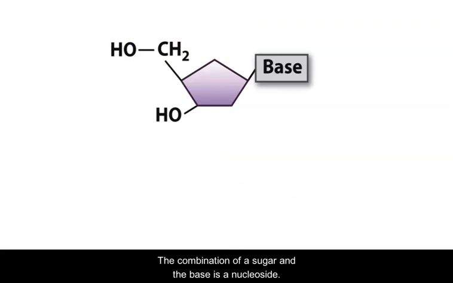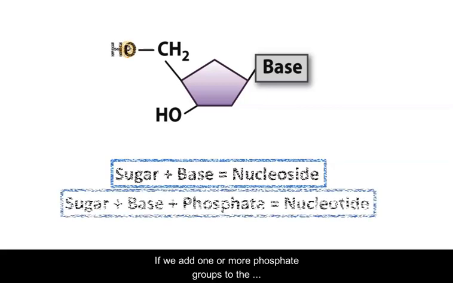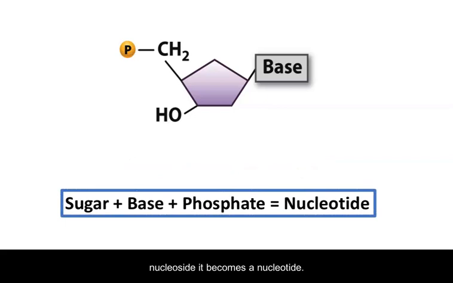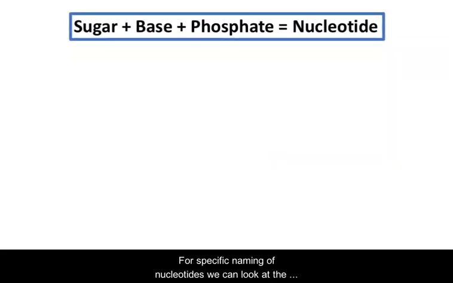The combination of a sugar and a base is a nucleoside. If we add 1 or more phosphate groups to the nucleoside, it becomes a nucleotide. For specific naming of nucleotides, we can look at the number of phosphate groups.